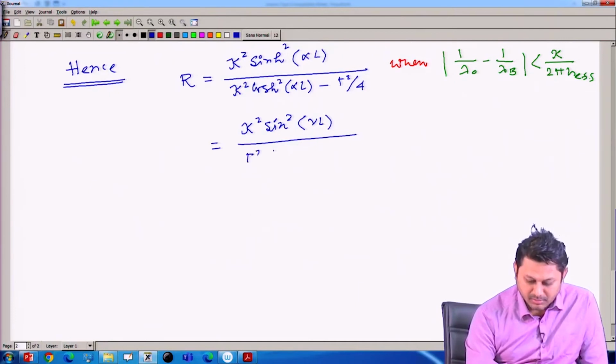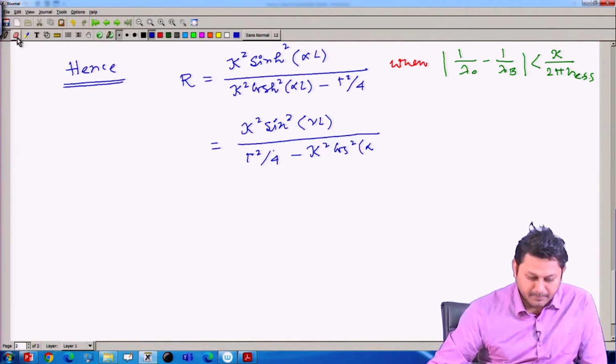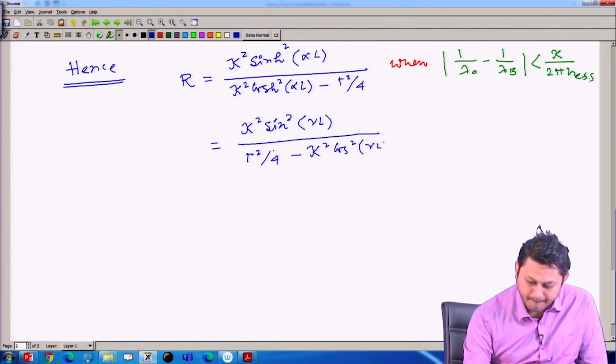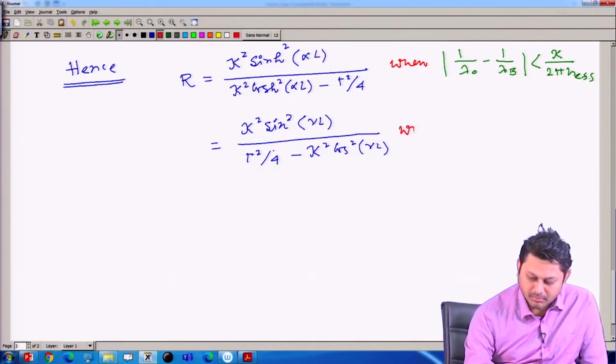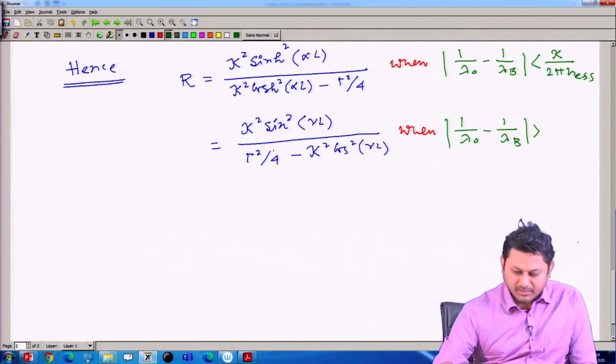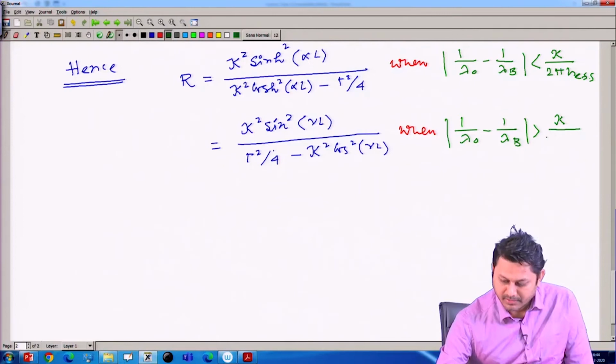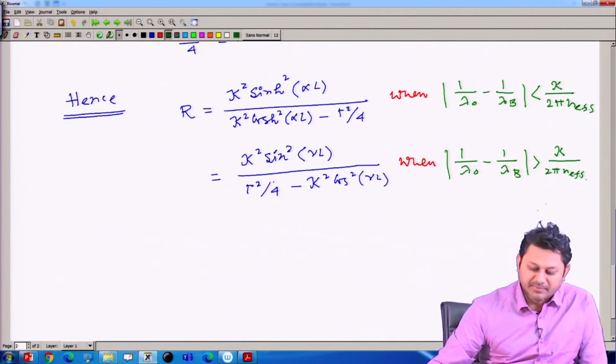It should be gamma square by 4 minus kappa square cos square gamma L, not alpha L, gamma L. This is when the condition is reversed, that means if 1 by lambda 0 minus 1 by lambda b is greater than kappa divided by 2 pi n effective, then we have this condition.